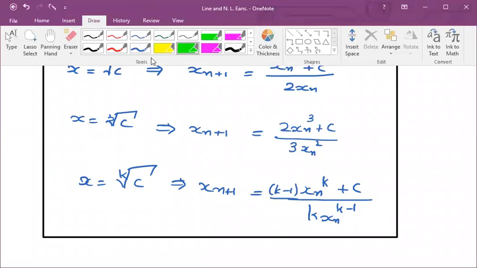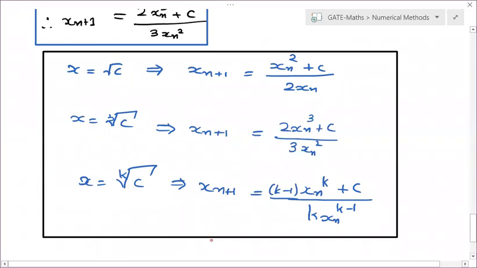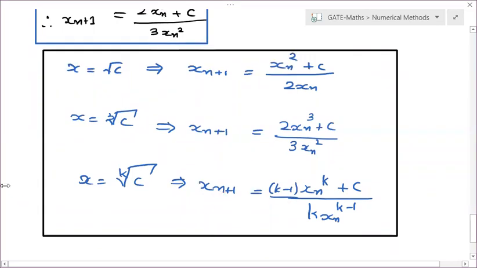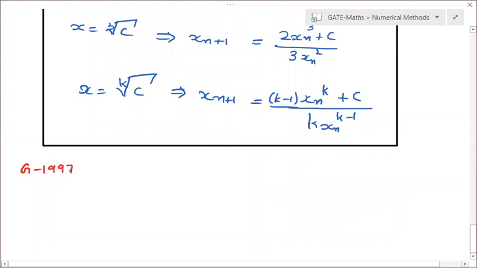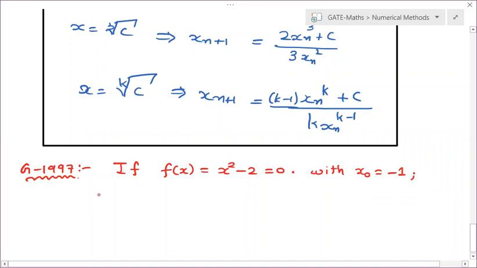Okay, new question. Let us see one question of GATE 2 1997. If f of x is equal to x square minus 2 equal to 0, with x not equal to minus 1, then the Newton-Raphson iteration formula is converging to which value?